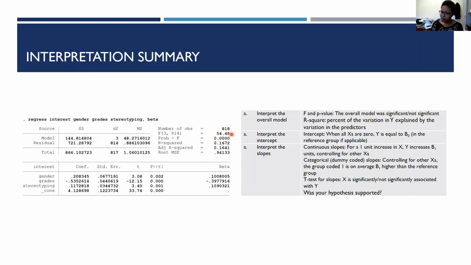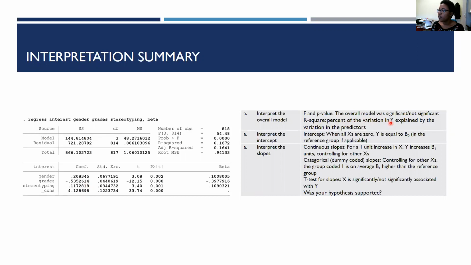So we can say that is bigger than 1, so that means that our mean square regression is a lot bigger than our mean square error. That's what we want. And then we also have a p-value associated with that F value. So this means that our overall model is statistically significant, right? So that these X predictors are giving us more information about our data than just a flat line that would be at the mean of interest.